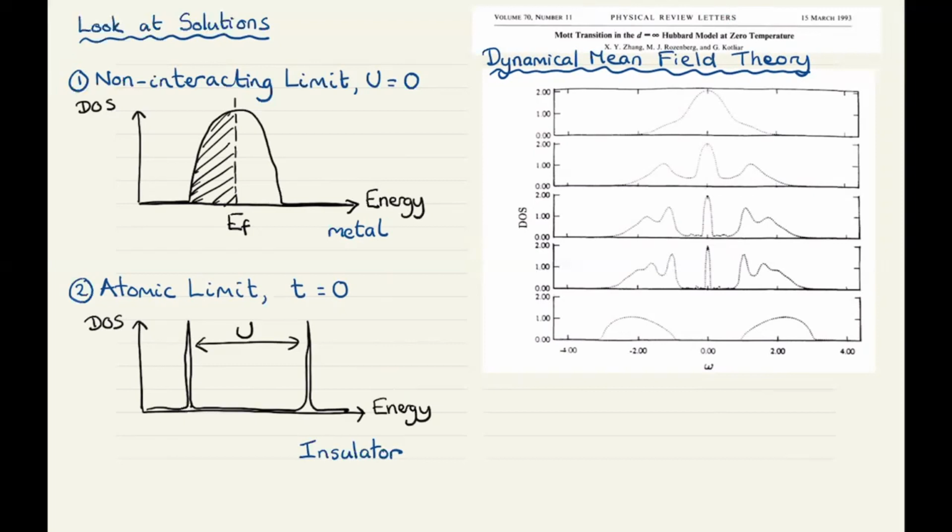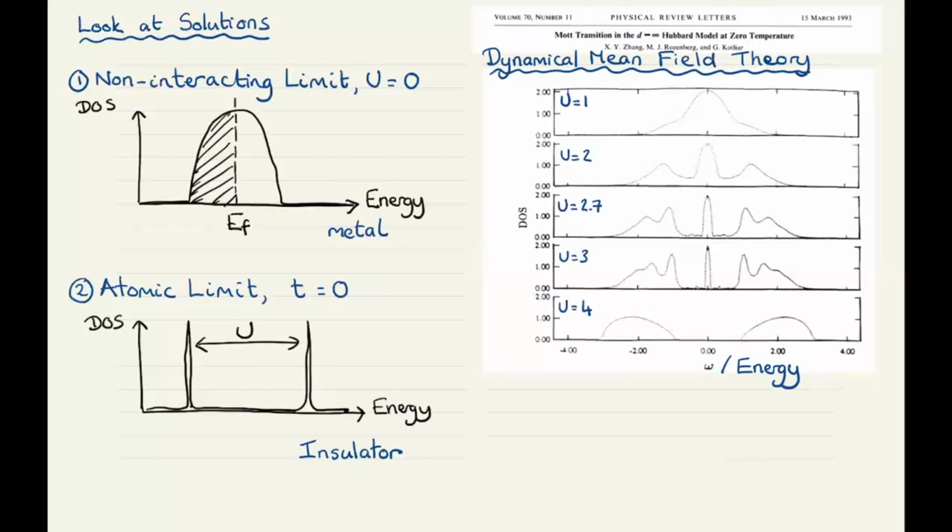And this series of plots, these are all showing the density of states as a function of energy. It's written energy or frequency. These plots are showing how the density of states solution evolves as a function of the ratio between the Coulomb repulsion U and the bandwidth T. So in the top plot, U is equal to 1, U is equal to 2, U is actually equal to 2.7, U is equal to 3, and U is equal to 4.